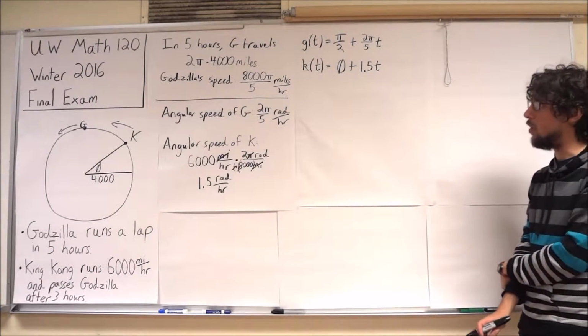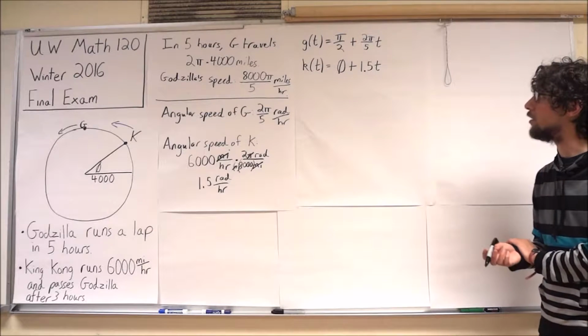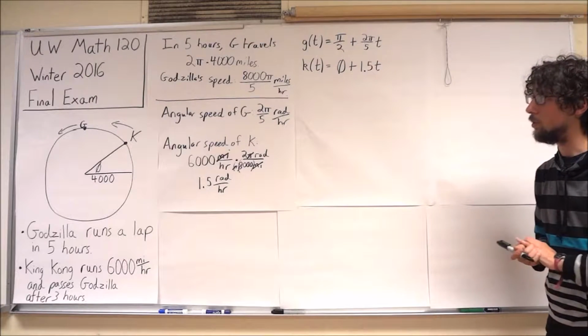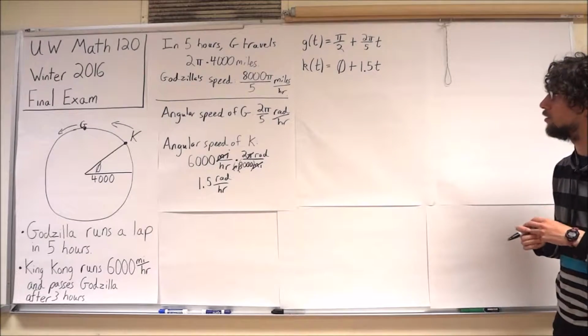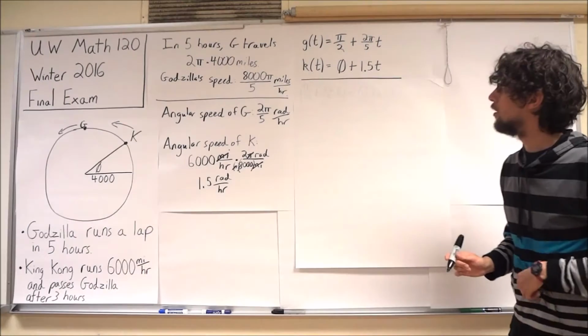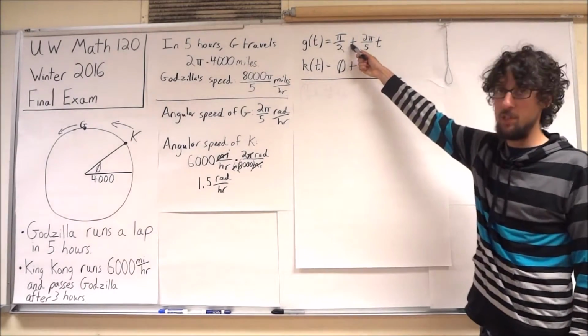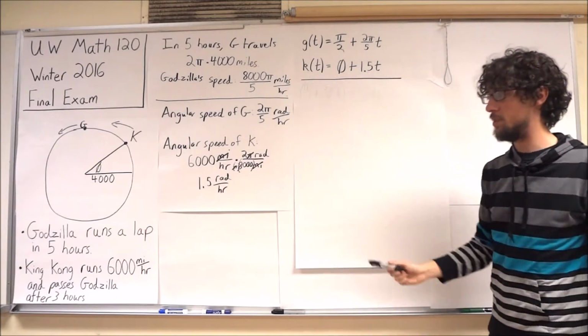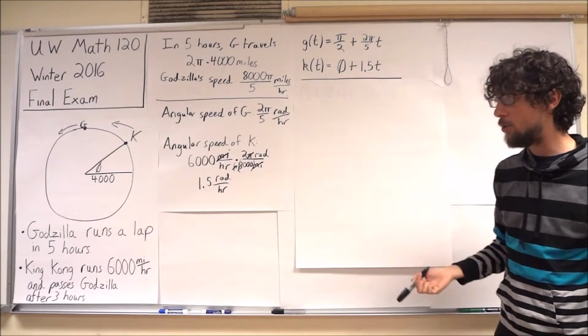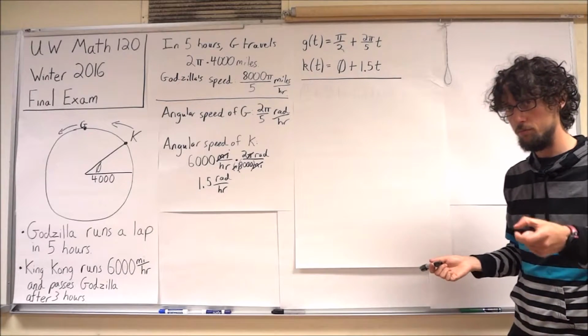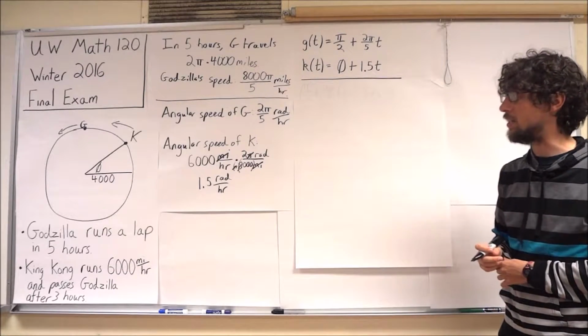Now I simply want to know what t value will make these agree. So I've modeled Godzilla's position as a function of time and King Kong's position as a function of time, and I know that their positions are coinciding at t equals 3.